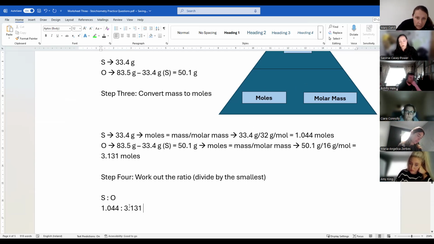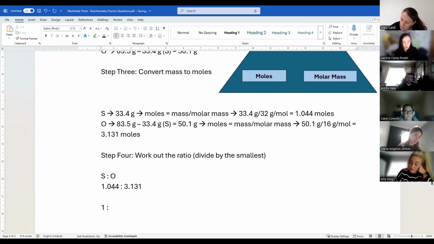Obviously my sulfur is going to be the smallest mole amount, so I'm going to divide each one of these by the smallest. So 1.044 divided by itself gives me 1. And 3.131 divided by 1.044 gives me 2.999, but you round it up to the nearest whole number, so that'll give me 3.